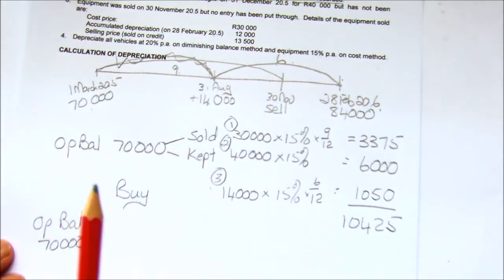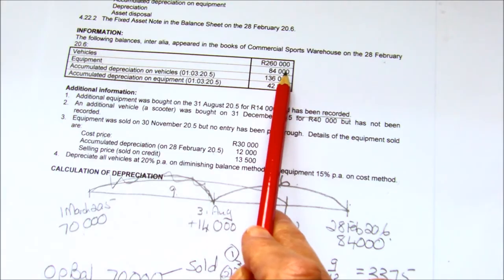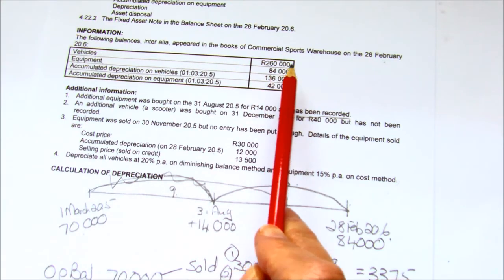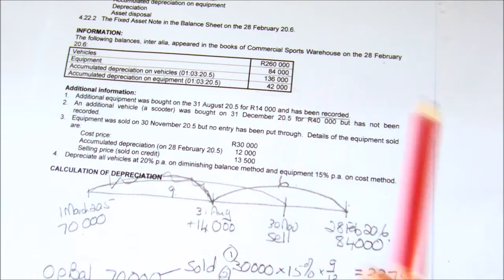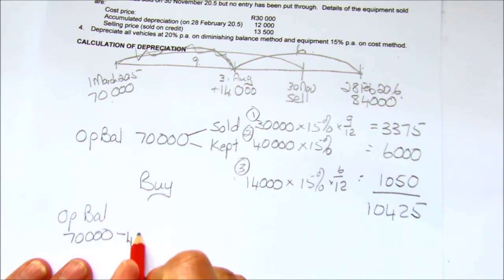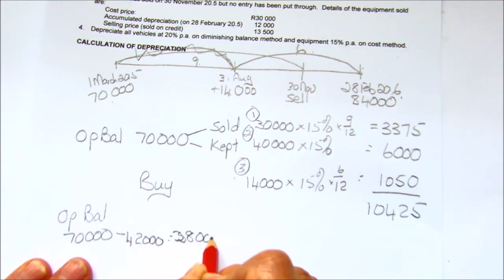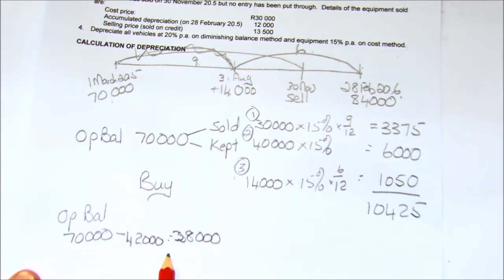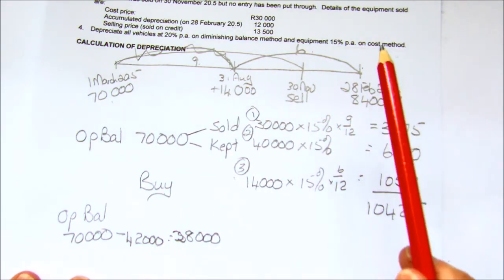But because we're on diminishing balance, we know that this equipment had already been depreciated up to this point in time by 42,000. So if we subtract the 42 here, we would have had a book value of 28,000. Now remember, the reason why I'm doing this is I'm assuming that they're going to ask you for depreciation on a diminishing balance.